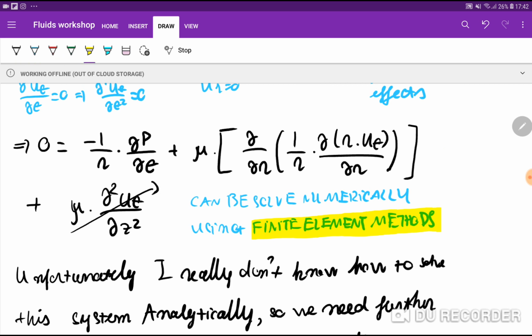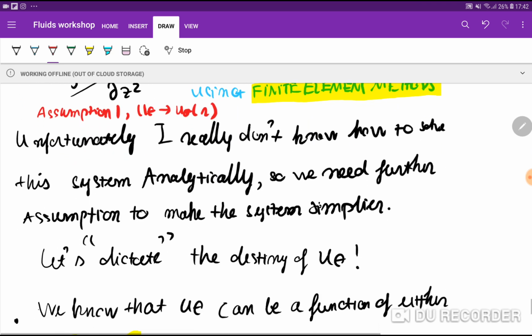I can write this because of assumption 1: u theta is a function of r.